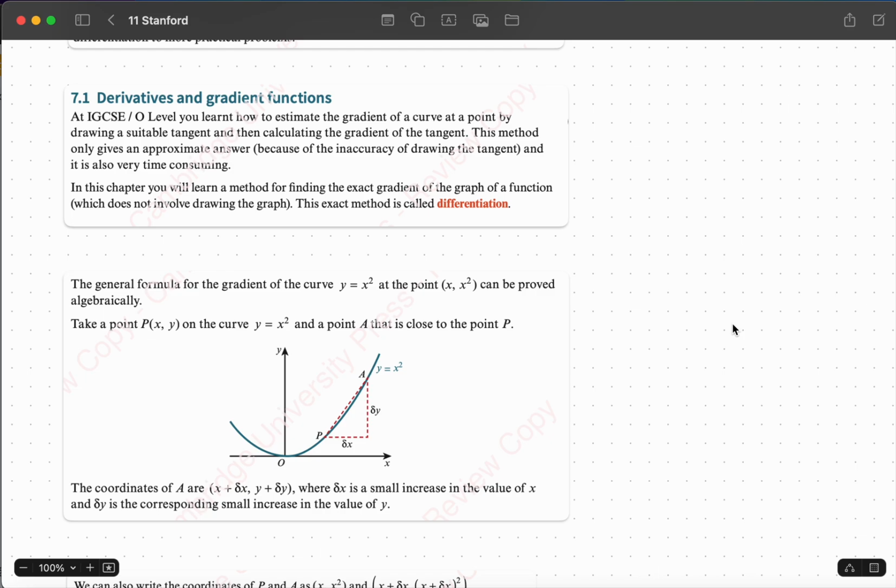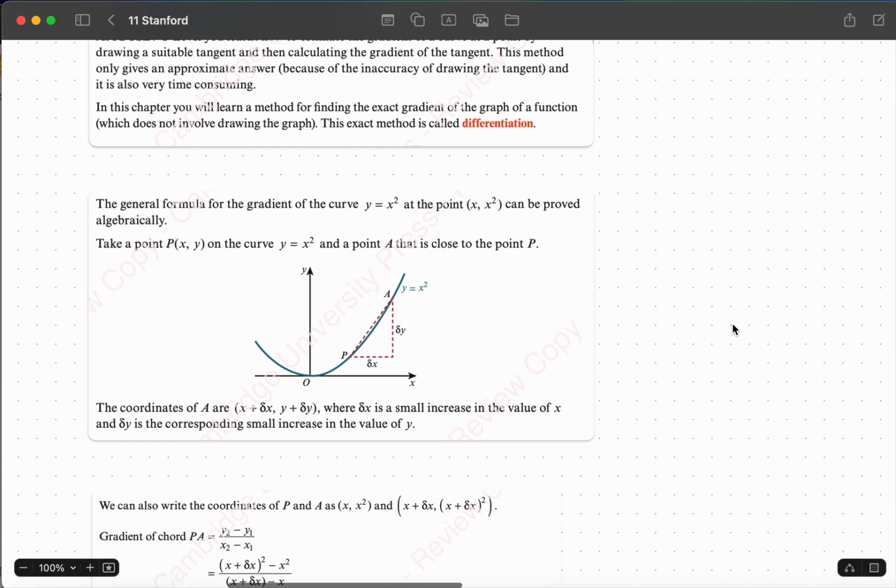But in this chapter, we're going to learn how to find the exact gradient of the graph of a function. We don't need to draw the graph, okay? This exact method is called differentiation.